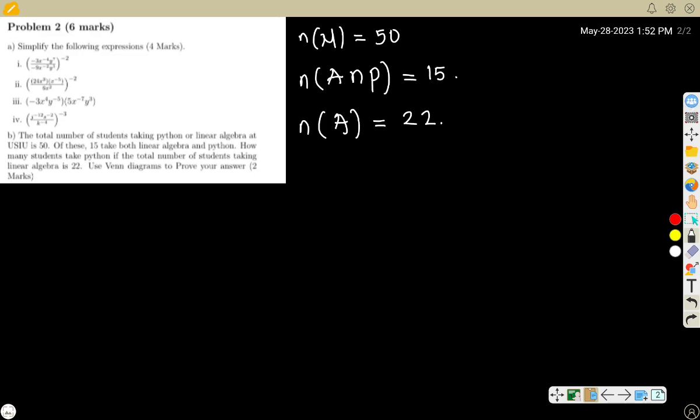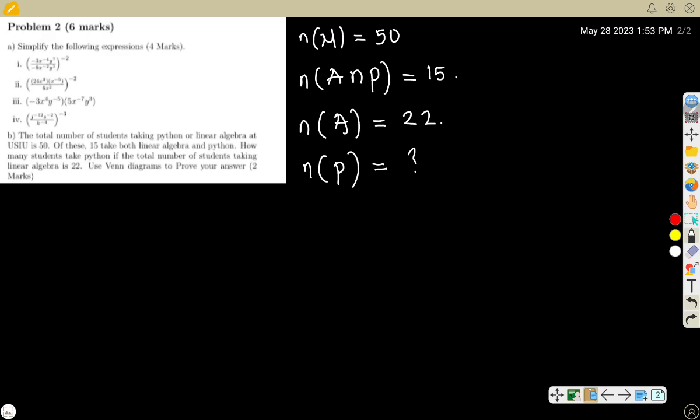So these are the information that we know. Then we need the number of Python. So how many students take Python if 22 take linear algebra?